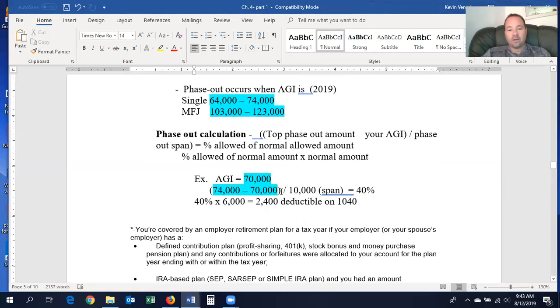So the 4 divided by 10 is 40%. What that's telling us is, instead of putting the whole 6,000 away and being able to deduct all 6, I can only deduct 40% of that, which is 2,400. So I could put away up to 6,000 potentially. I just can only deduct 2,400 on the 1040.